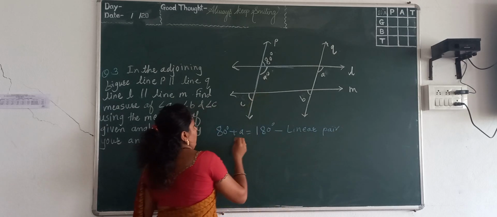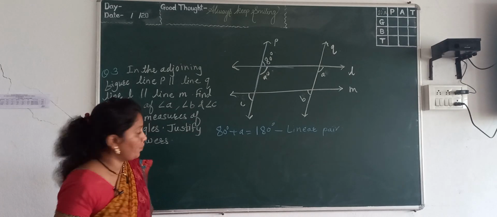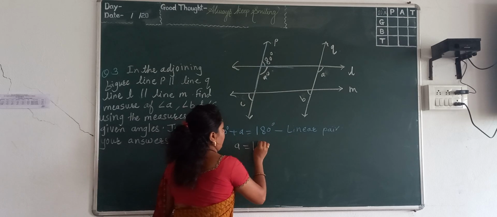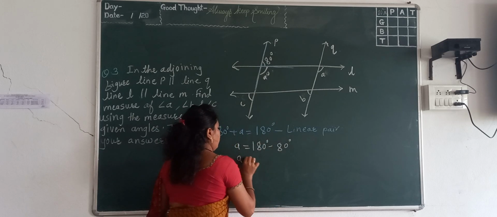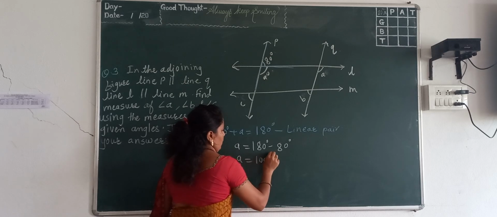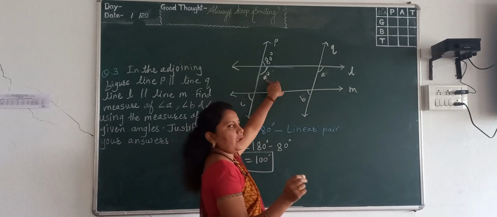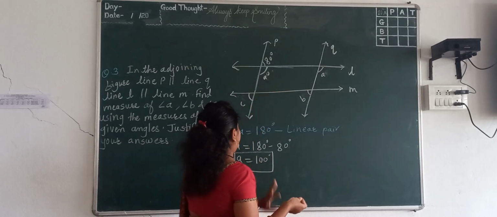How to find angle A? Angle A is equal to 180 minus 80, so A will be 100 degrees. You got the value of angle A, that is 100 degrees.